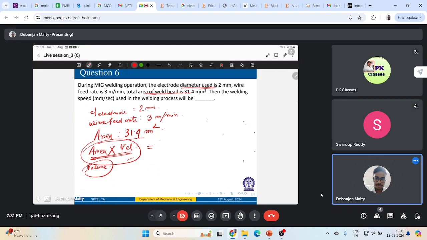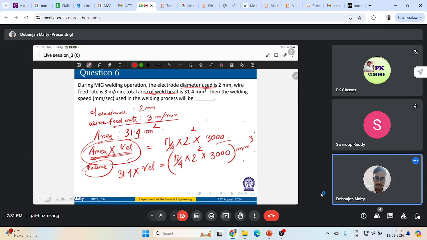So it will be basically pi by 4 into d square into the feed rate. So this is 3000, this is in meter per minute, so I'm doing it in millimeter. So 31.4 mm square into velocity will be equal to pi by 4 into 2 square into 3000. This is in millimeter cube per minute.